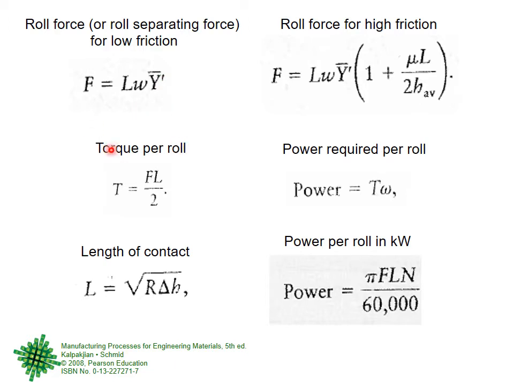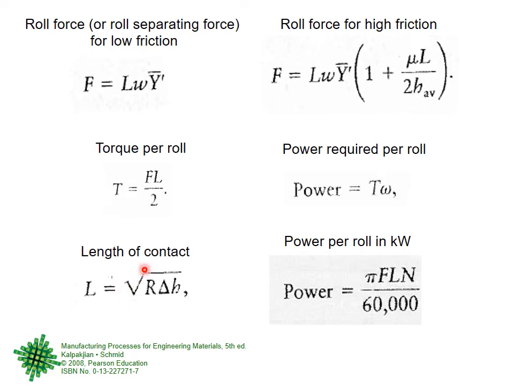Torque per roll, you simply know that force into force arm is torque and moment and so on. So torque is F L upon 2. The force is there, and L upon 2, half distance. So simply this is the torque. The length of contact, how do you find it?